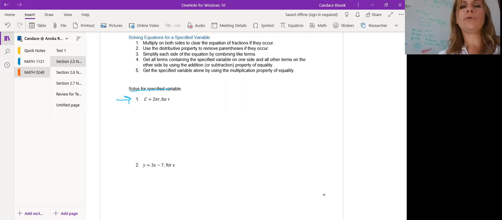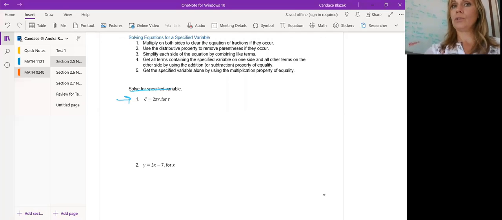Now we'll read through the properties right now, and then let's take a look at this equation and solve it for r. So the first thing we're going to do is multiply both sides of the equation to clear any fractions or decimals if they occur. That's the exact same first step that we did for solving equations, right?